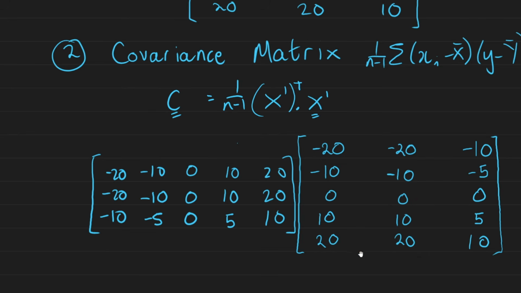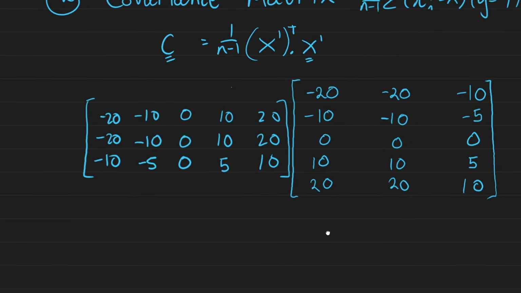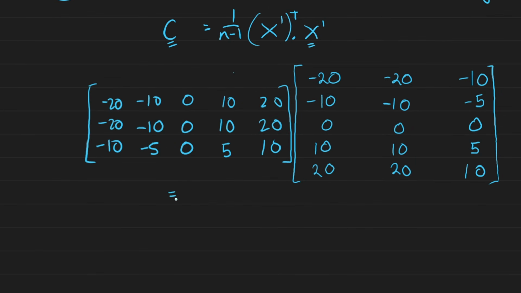I'm not going to show each step of this multiplication. It's quite straightforward. We multiply the first row by the first column and proceed with all of the entries like that. So this is a 3 by 5 matrix, and this is a 5 by 3 matrix, so we should get a 3 by 3 matrix as the result.